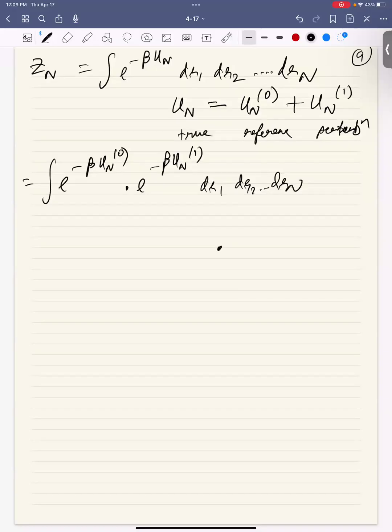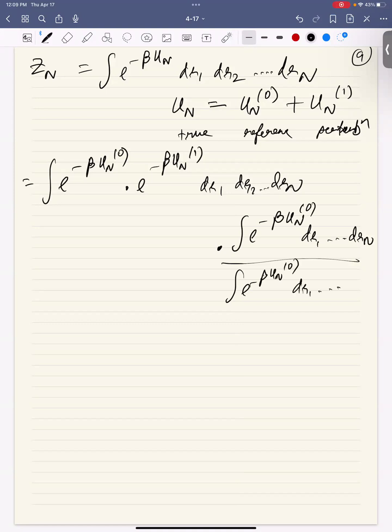Now I'm going to do something which is multiply and divide by the same thing, which is a trick which works in StatMech quite a lot. Of course, you need to know what is that same thing that you need to multiply and divide by. In this case, that thing will be the integral of e to the power minus beta Un0 dr1 drn.